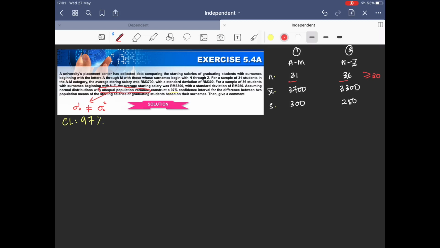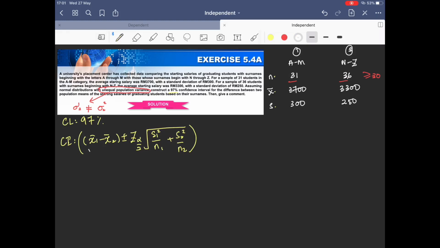Okay, then the formula for the confidence interval is x bar 1 minus x bar 2 plus minus z alpha over 2 times the square root of s1 square over n1 plus s2 square over n2. Alright, so let's check. Do we have all the information?